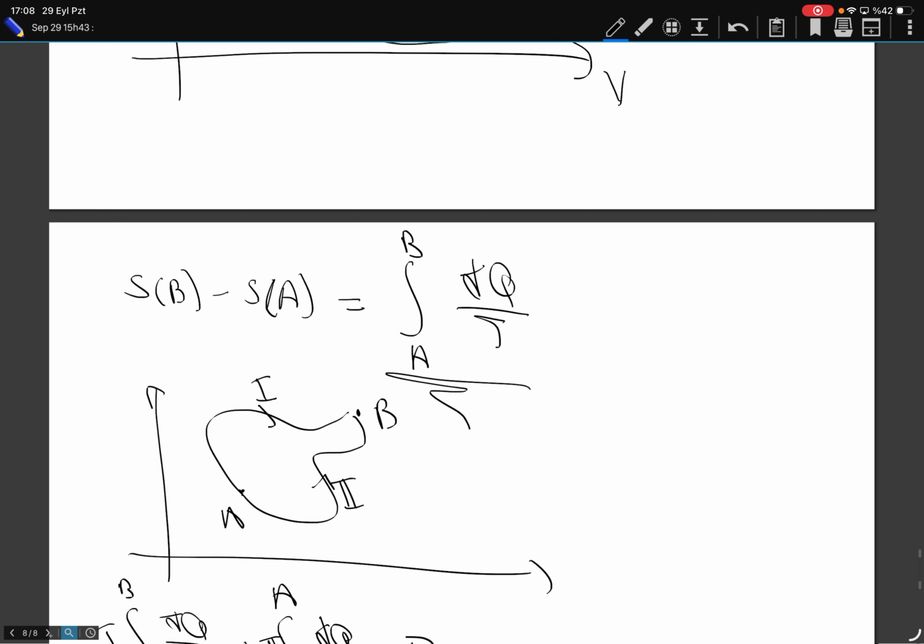That work will be independent of how you go from the initial point to the final point, and that integral you can call the change in the potential energy in mechanics, in forces. Basically the same thing over here. That integral of dq over T between two macroscopic states of my system, that means two different states having different P and V, only depends on the initial and the final point and nothing else. So that is our thermodynamic potential, if you like.